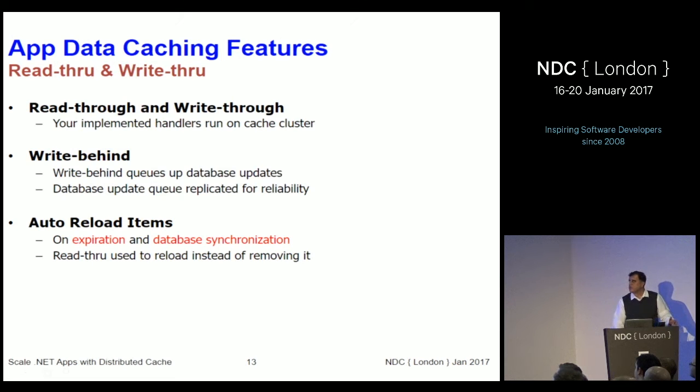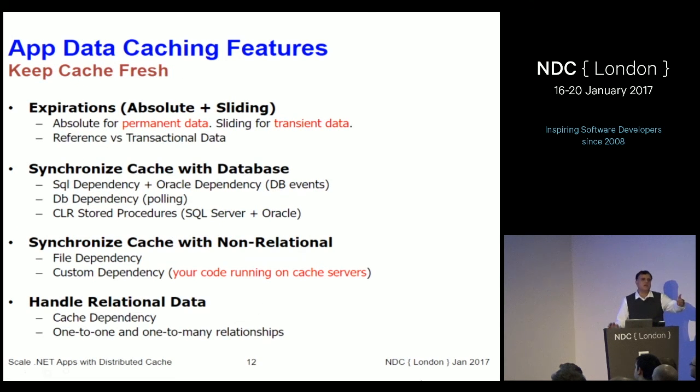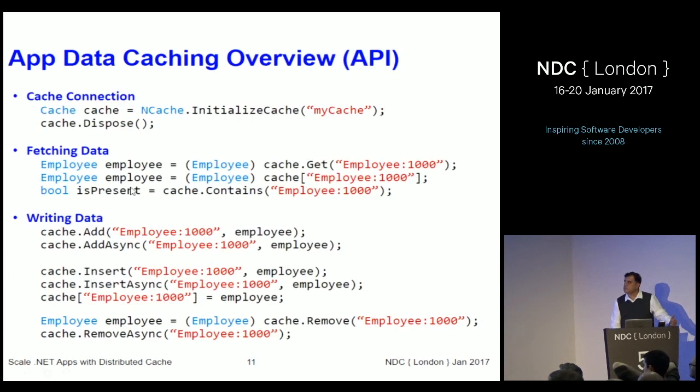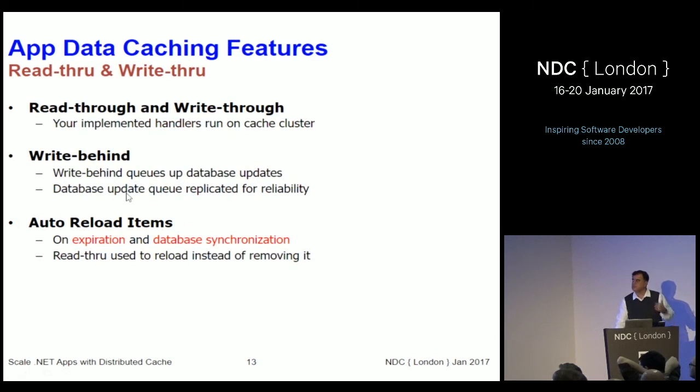Okay. So let's say you're convinced about cache being a scalability solution. You're convinced about these use cases. You know how to keep the cache fresh. You're benefiting from the read-through, write-through. That means you're putting a lot of data in the cache now, right?